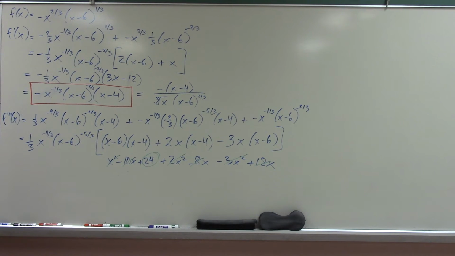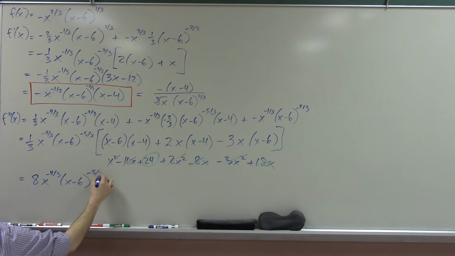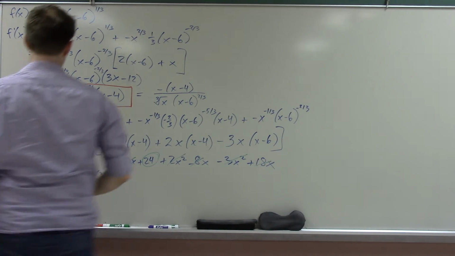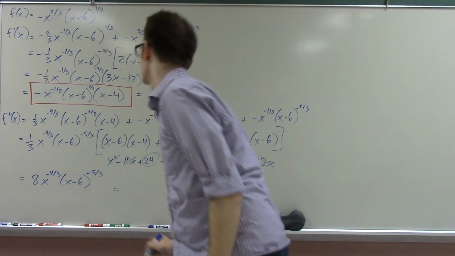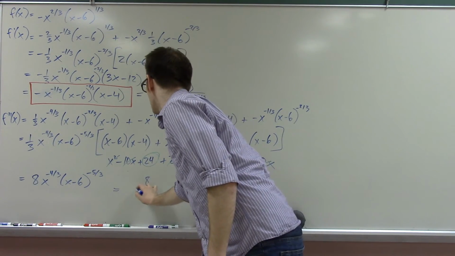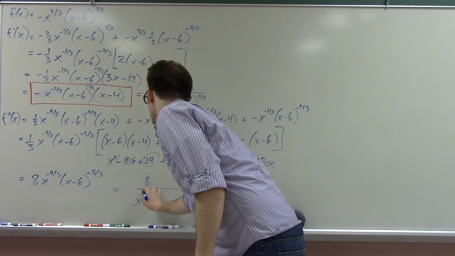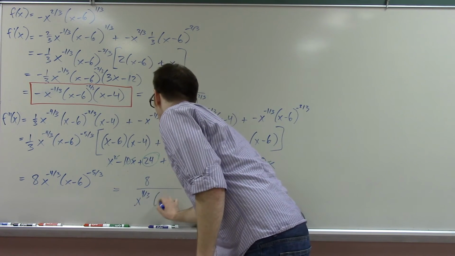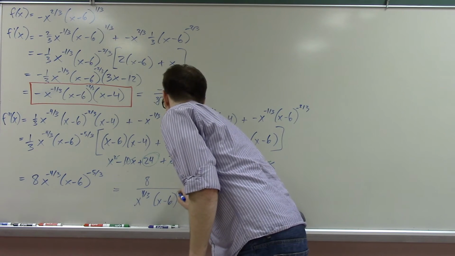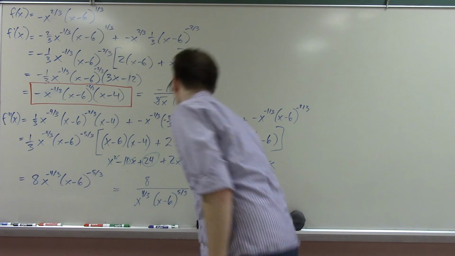So the 24 cancels with the 3, and our second derivative then just turns out to be 8x to the negative 4/3 x minus 6 to the negative 5/3. Or, if you want to write it in nice notation, it is 8 over x to the 4/3 x minus 6 to the 5/3.